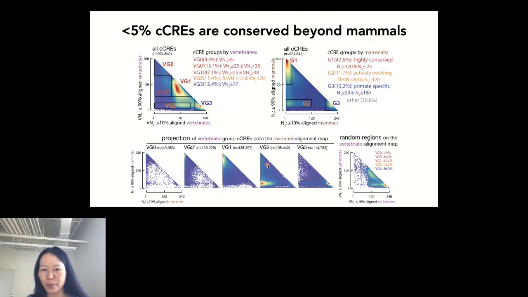Okay, this is a busy plot. I am not going to go into details. We cut up the vertebrate heat map into regions, and you can see the highly vertebrate conserved regions, VG0 here. You can map them to the mammal triangle, and they show up at this tip. They're just highly, highly conserved.